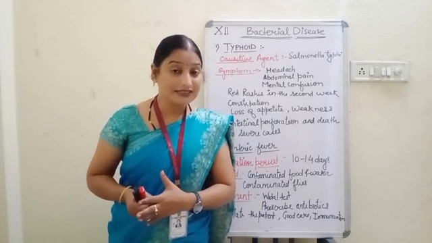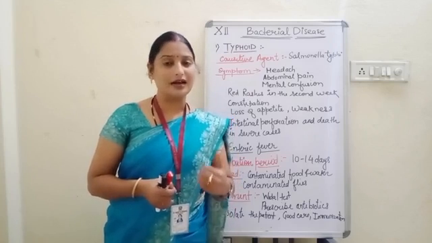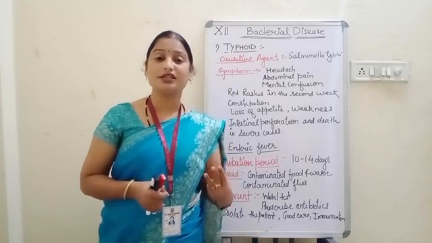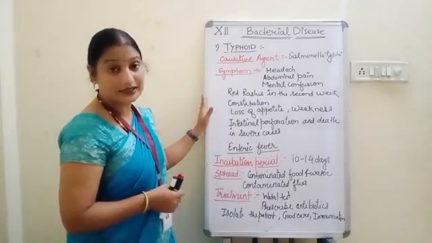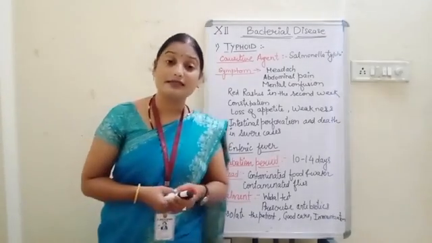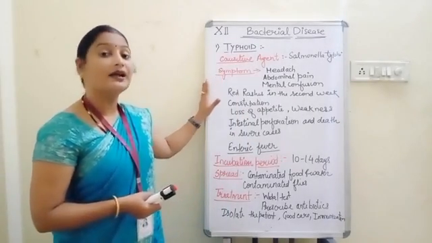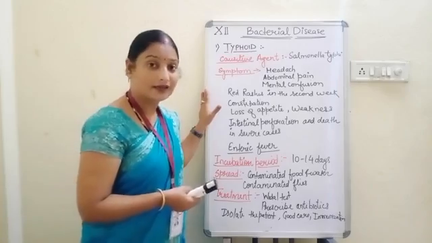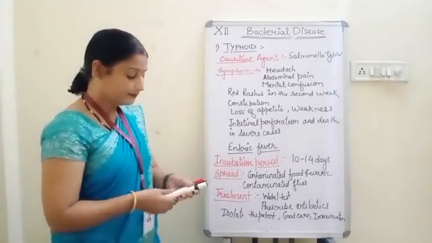Now, in our book and syllabus, we have to study 3 different diseases caused by bacteria, and these diseases are number 1, typhoid, then diphtheria, and the third one is the plague. Okay, now see children, we'll begin with the typhoid.